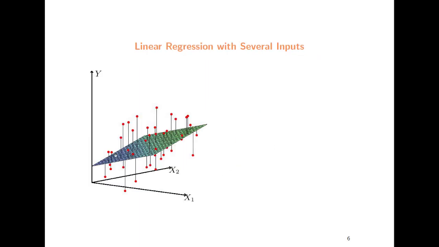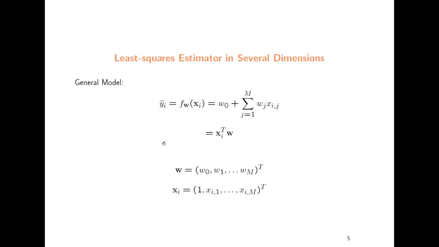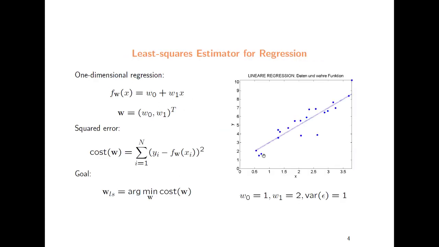In 2 dimensions, it would look like this. So you have this linear plane, and the data points would be maybe not on the plane, but hopefully near the plane. Also an important point is, of course, the prediction will not go through all the data points.